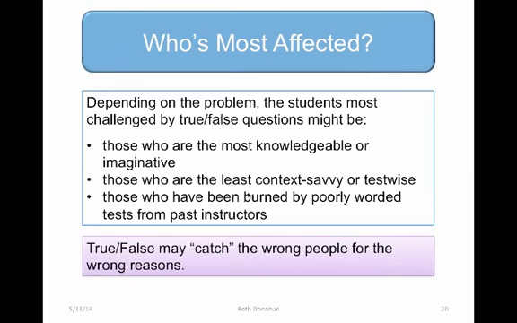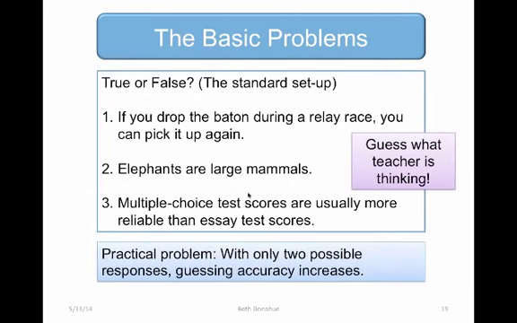So if you think back to the question here, that first one, if you drop the baton during a relay race, you can pick it up again. Let's imagine the PE teacher who gave this question actually scored it as true. You can pick it up again, because she was trying to be sneaky and clever and tricky and wanted to make sure that students knew the right grammar, even though she's not teaching grammar, she's teaching gym, right?